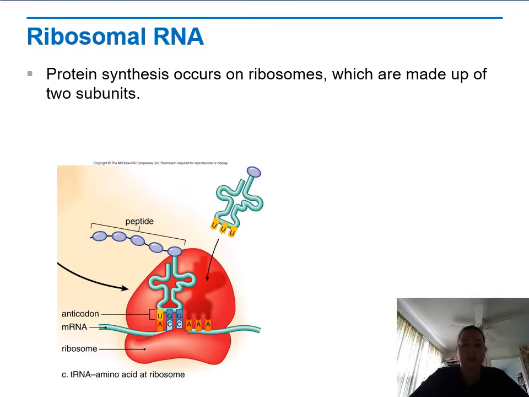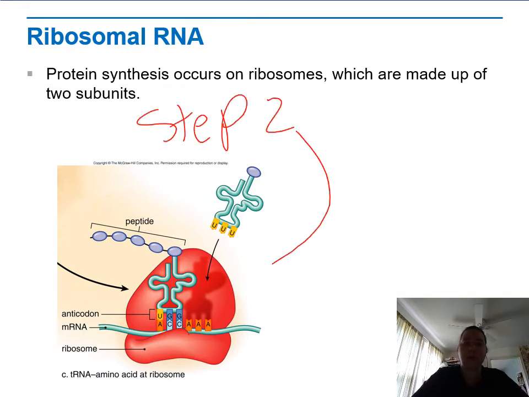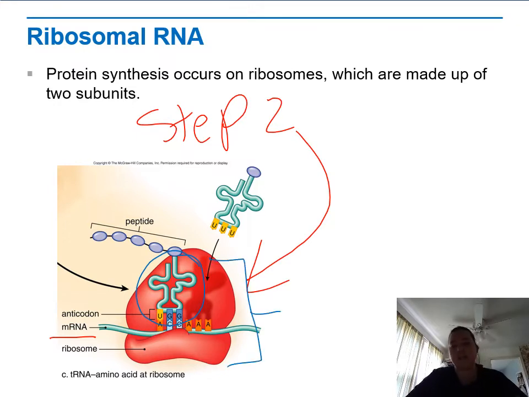Okay, so if you can see here, this is Step 2 in one little picture. There's a lot happening in this little picture, but this is all Step 2, and you can see we've got the mRNA, we've got the tRNA here, and then this whole ribosomal thing is part of rRNA.